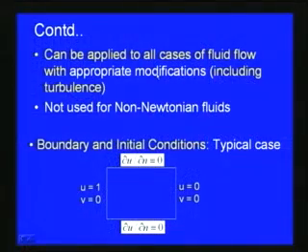We can use these equations for most fluid flow problems with appropriate modifications. We can use them for laminar flow, for turbulent flow, and even for compressible flow with appropriate changes. This is the advantage of the Navier-Stokes equation: once we make a model, it can be applied to various cases of fluid flow.